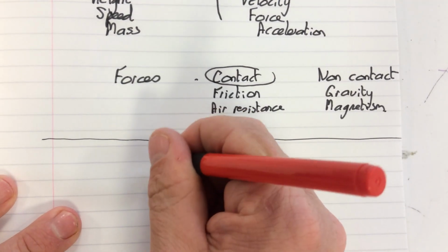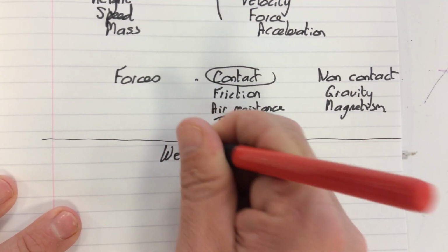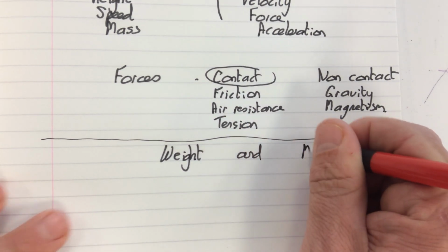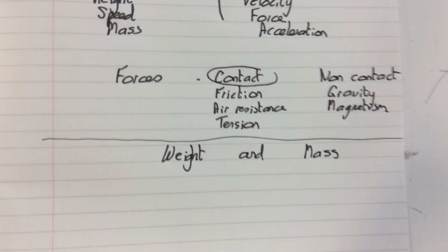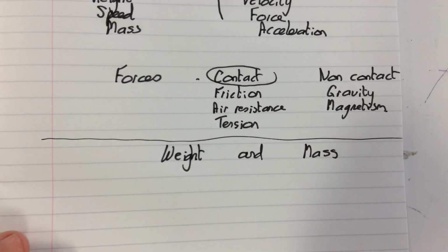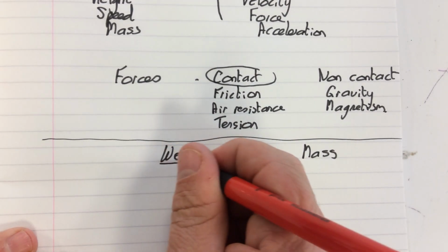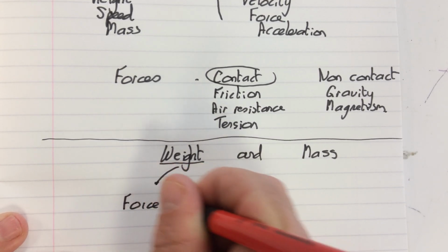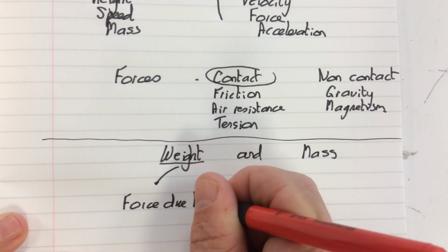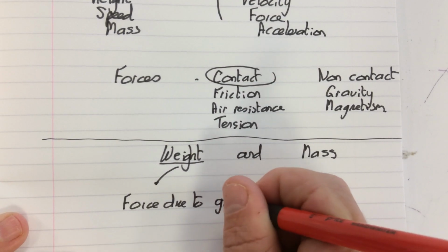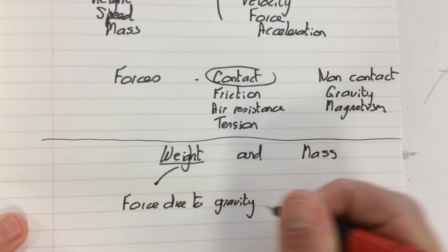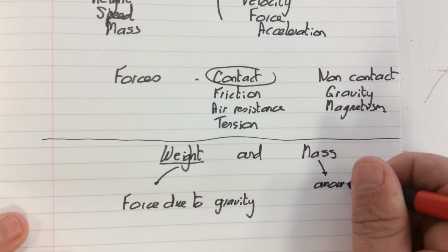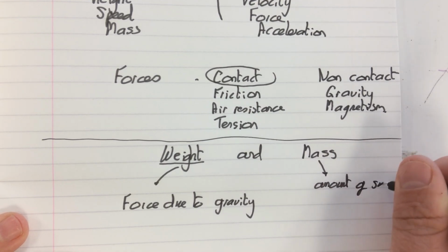Now, really important to know the difference between weight and mass. The definition is that weight is the force due to gravity, and mass is the amount of substance.